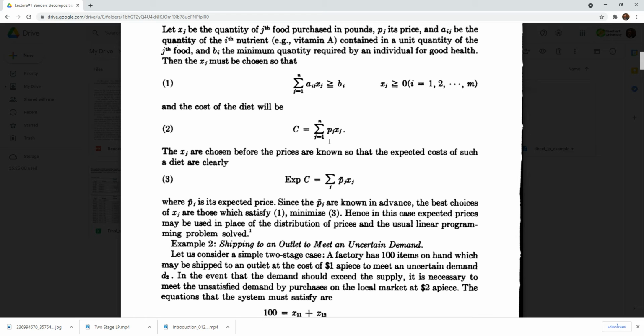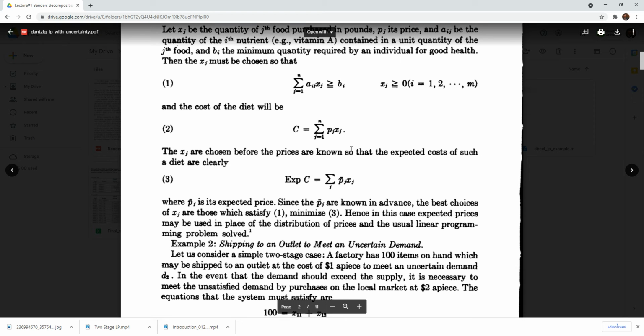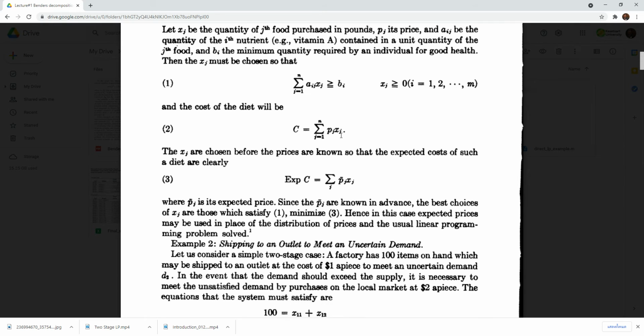This is from the classic expected value, with X sub j as a constant value identified by the decision maker, the optimum mix, or a feasible mix that will satisfy this constraint.